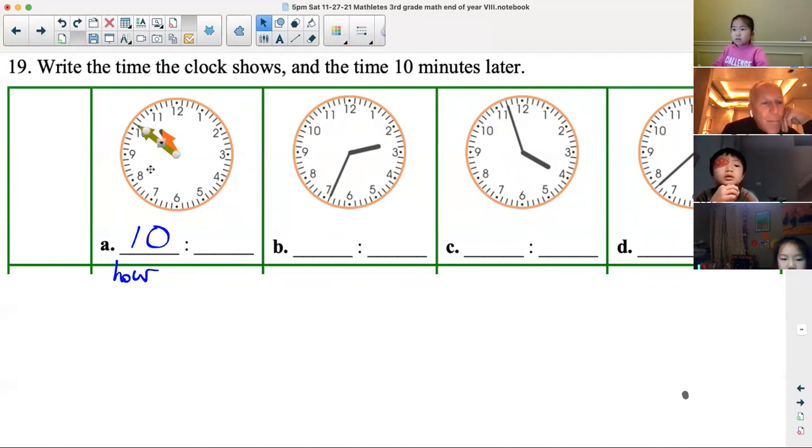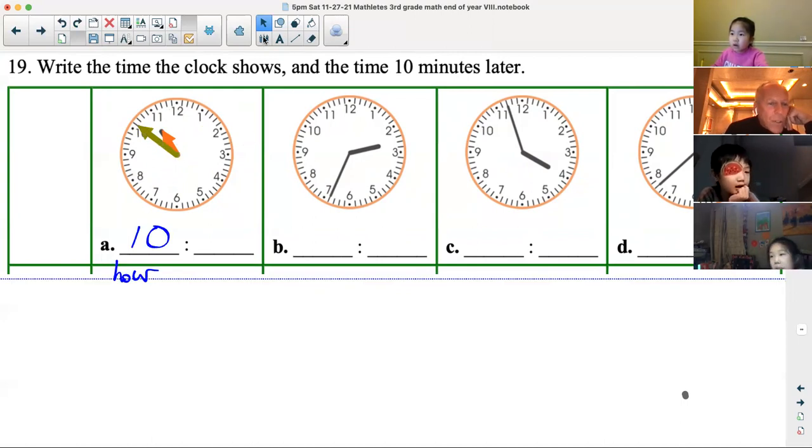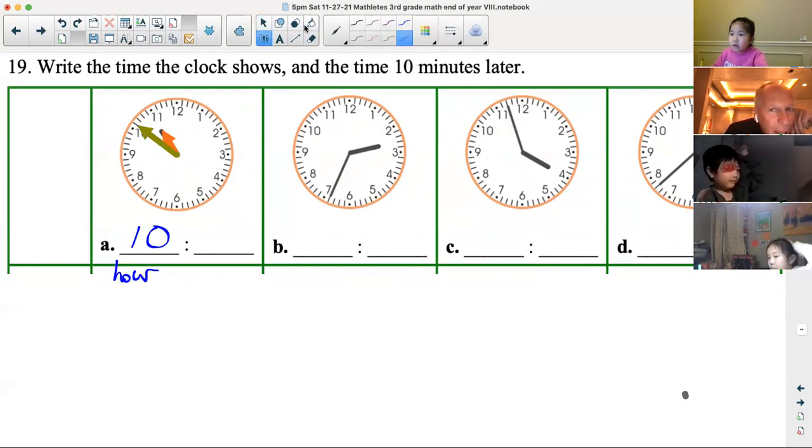Now, the minute hand has gone from 0, 5, 10, 15, 20, all the way around to 10 fives and 1 more. Who thinks they know? Don't say it out loud.